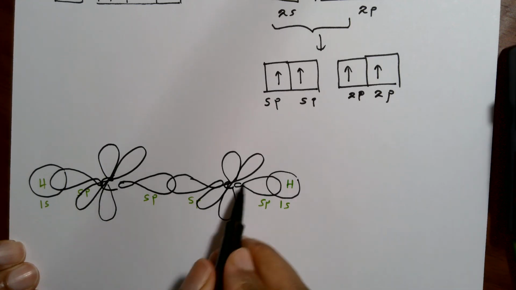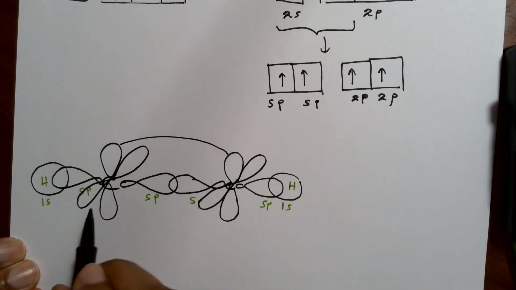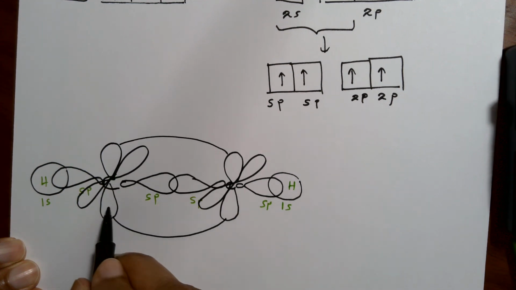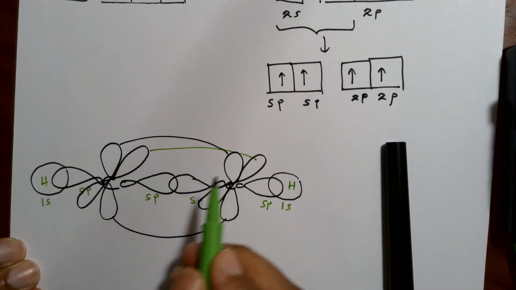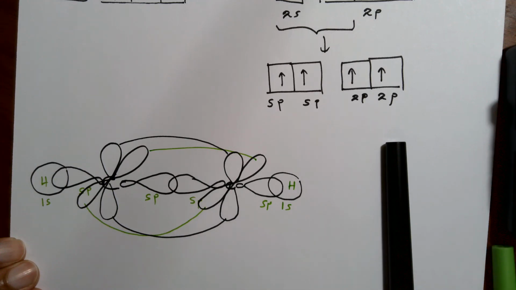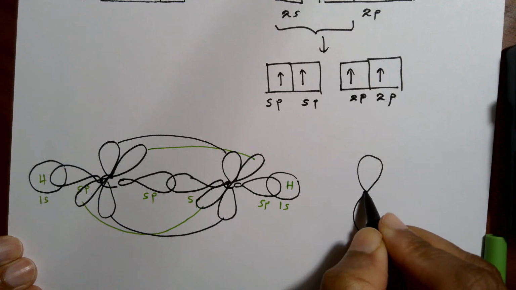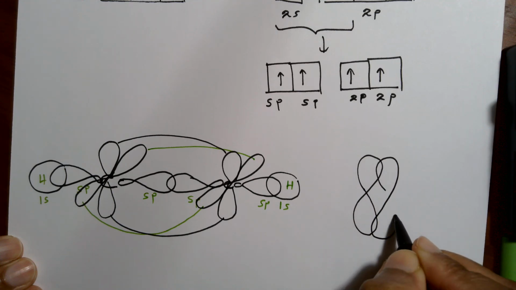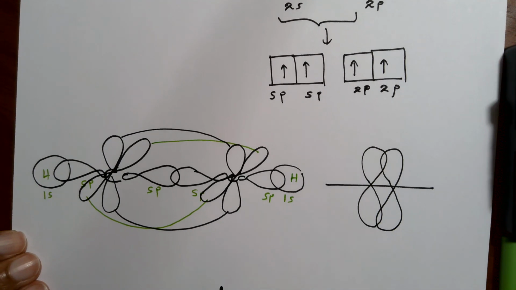These dumbbell shaped p orbitals overlap sideways, and these two we draw in green. These two overlap sideways. By overlapping these p orbitals side by side, above the plane and below the plane, they make two pi bonds.